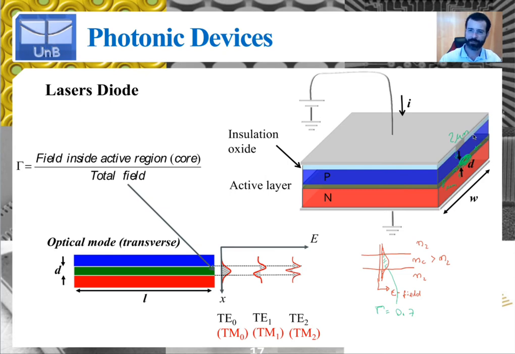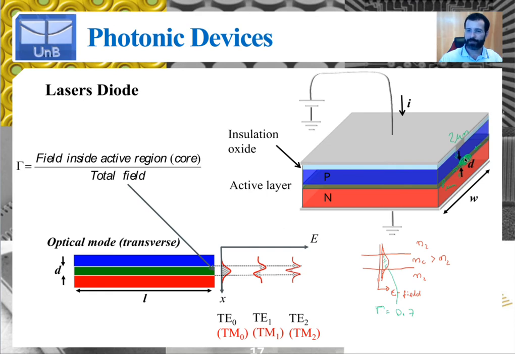But this is just to give us an idea of the order of magnitude of the spot size of the light beam coming out of the waveguide itself. And of course, the smaller the confinement in any direction, the more diffraction the beam is going to suffer when it comes out of the waveguide.